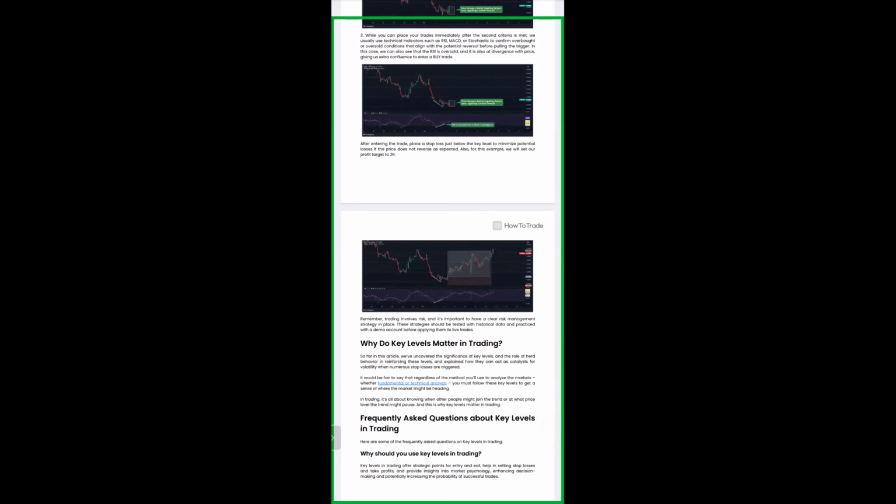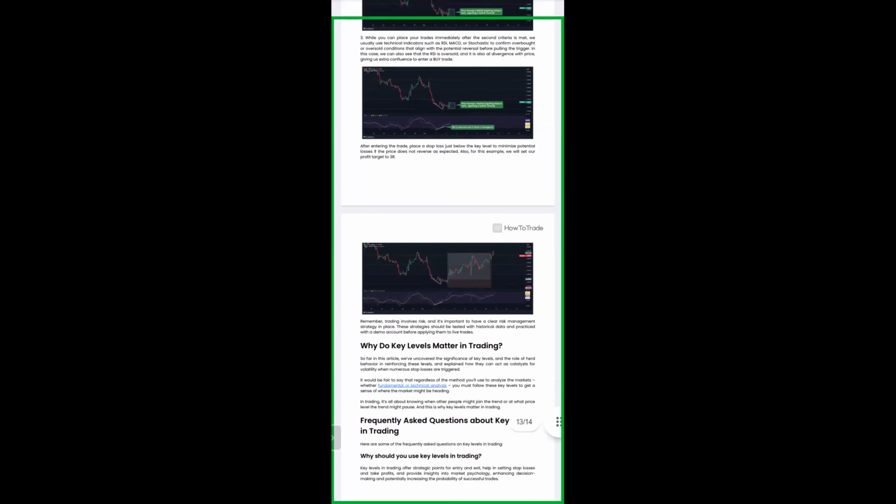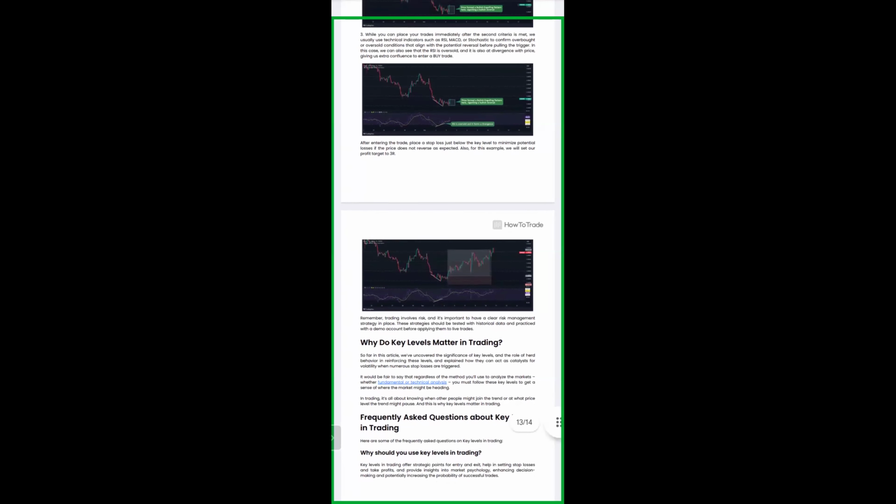We can also understand market psychology, that is, the areas where major participants are showing interest in buying or selling. Another important reason is that it helps us manage risk, because support and resistance help us set appropriate stop losses to limit potential losses, so that we can be profitable traders.